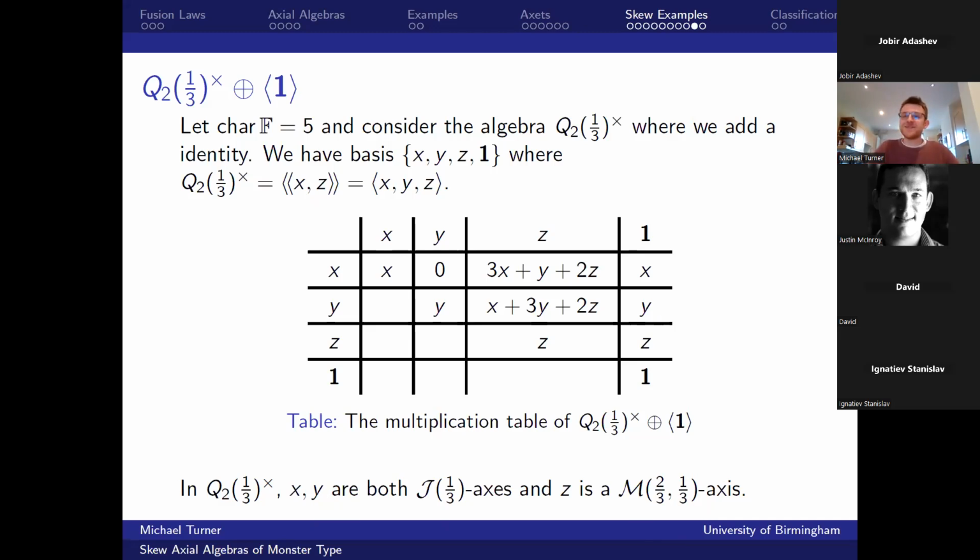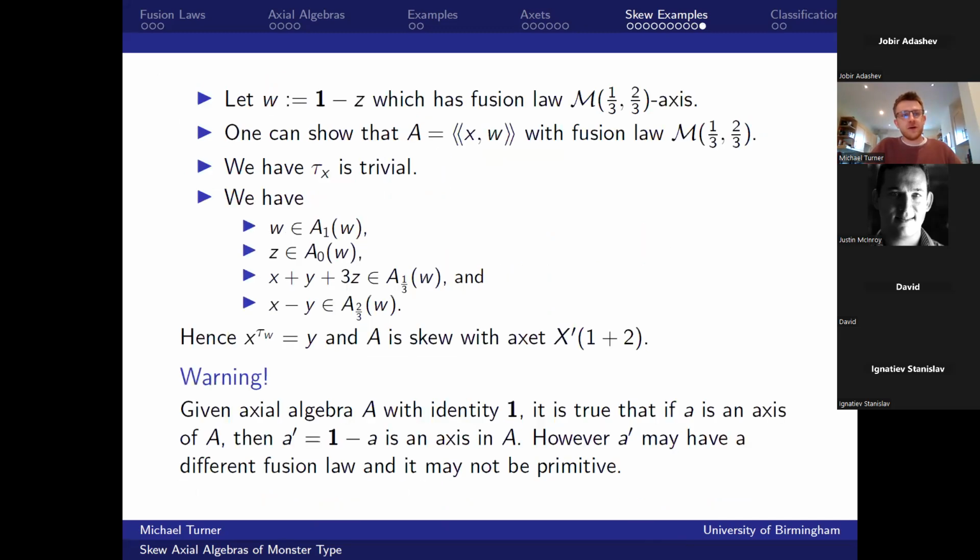So now we've got this identity, we can actually do our trick again. So let W be 1 minus z, where z is, remember, an axis of monster type 2/3, 1/3. Well, then W now is an axis, and it's now got a fusion law of monster 1/3, 2/3.